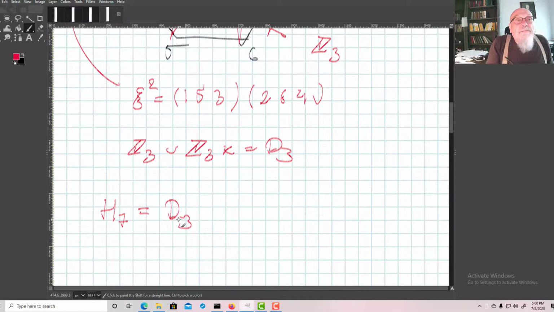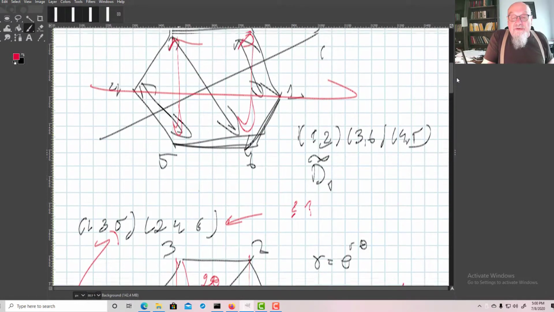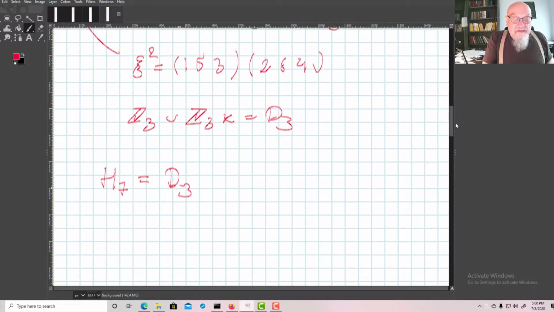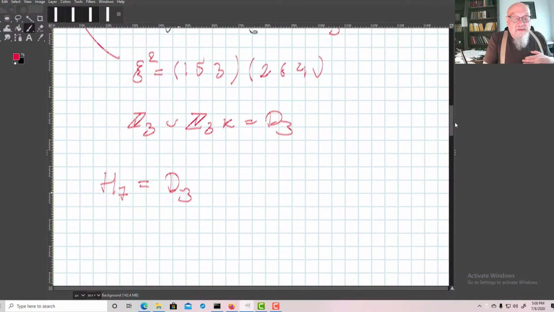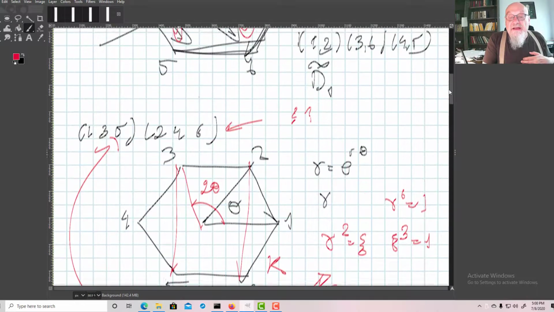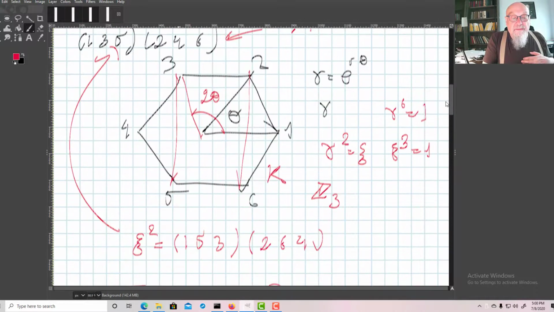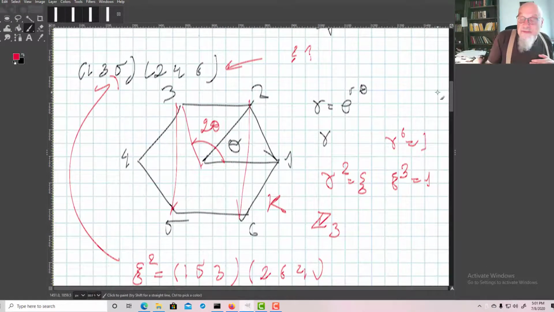What if I multiply D3 times, what do I have here? I have here D1 tilde. I want to multiply these two things, D1 tilde and D3. Let's do it. D1 tilde is exactly number 3, I believe. Let me see.